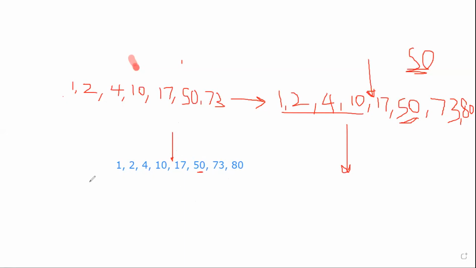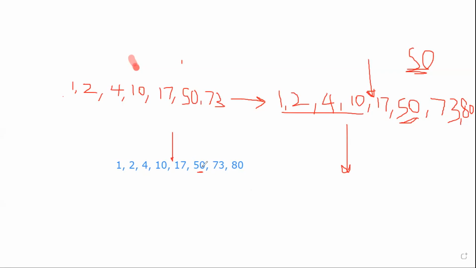Sometimes you may have the length of an array not be an even number, but odd. Whichever way, it could still work. But let's assume now that the length of the array is an even number, not an odd number, and we are looking for 50.